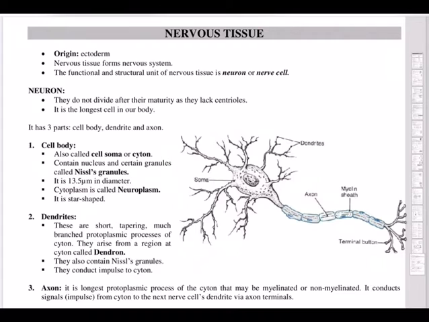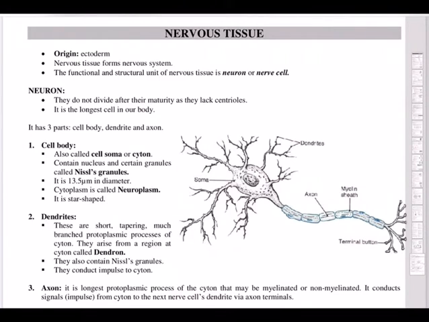What is a neuron? A neuron is a structural and functional unit of nervous tissue. In common language, we call it a nerve cell. And what is the structure? As you are seeing, a neuron has two regions, a head region and a tail region.